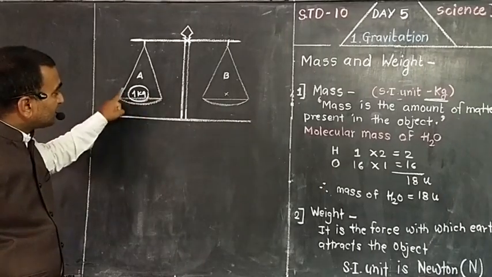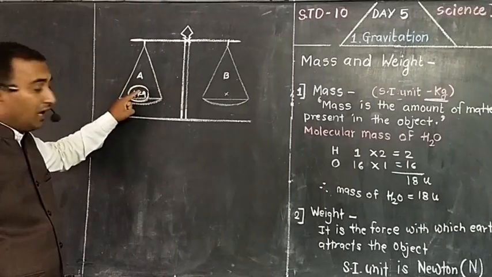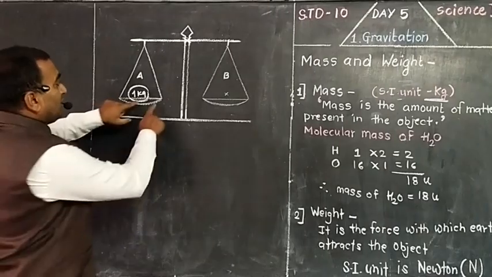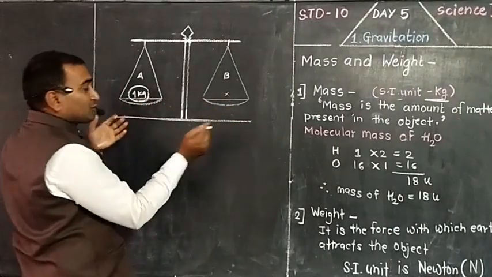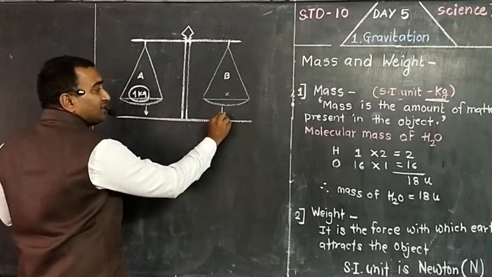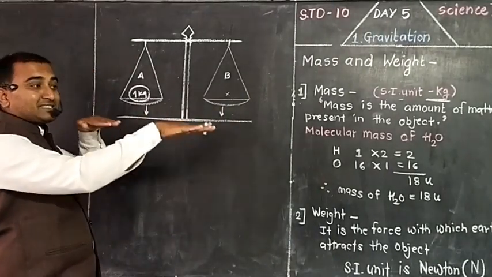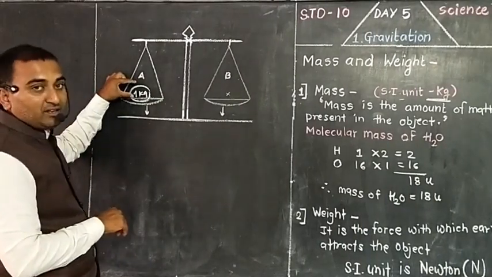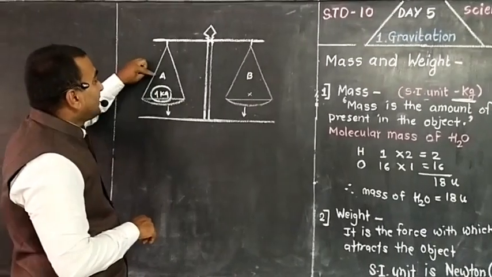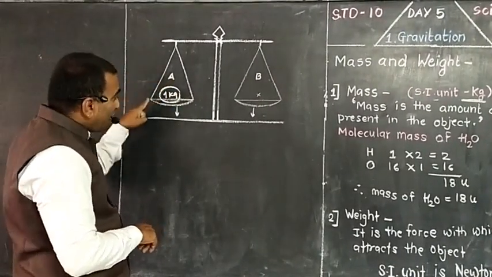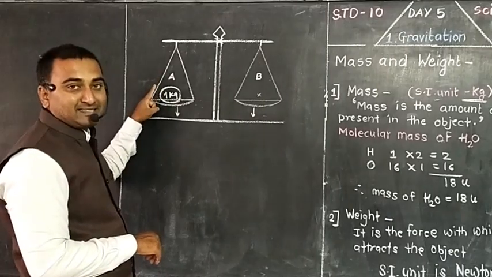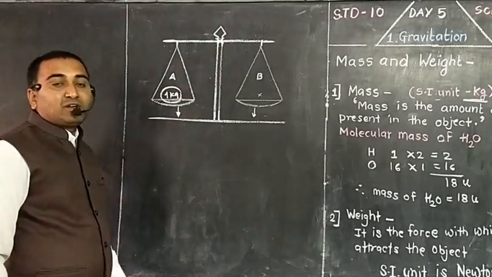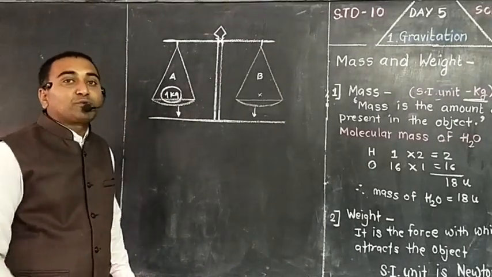Because of the increased mass, Earth will pull that object downward. Before this, both the pans' masses were equal, so the downward force was equal, and both pans rested at the same position without any fluctuation. But when you keep an object of 1 kg in pan A, the mass of pan A increases, and due to this the gravitational pull also increases, because gravitational force is directly proportional to the product of masses.